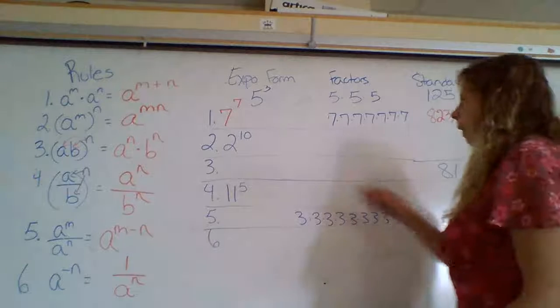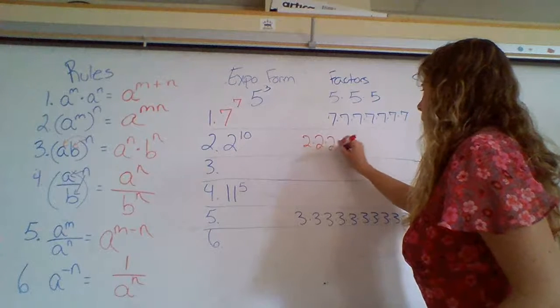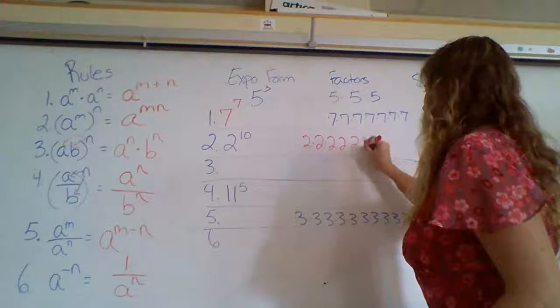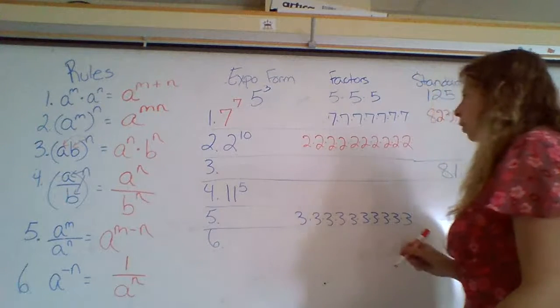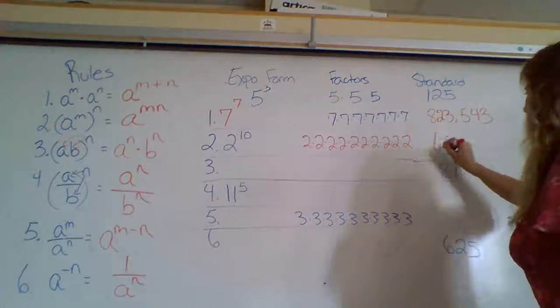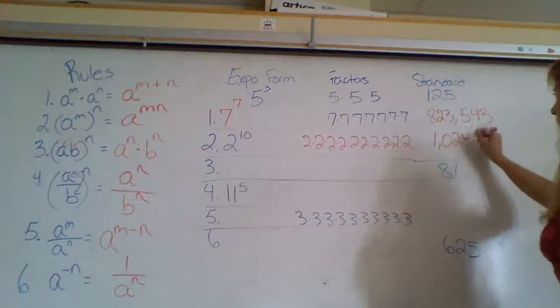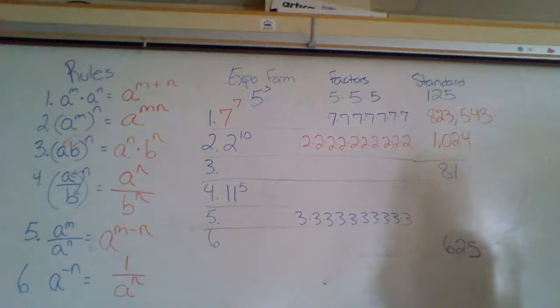So then you would just write 2 to the 10th power, so that's just 10 twos. 1, 2, 3, 4, 5, 6, 7, 8, 9, 10. All right, and then 2 to the 10th power is 1,024.